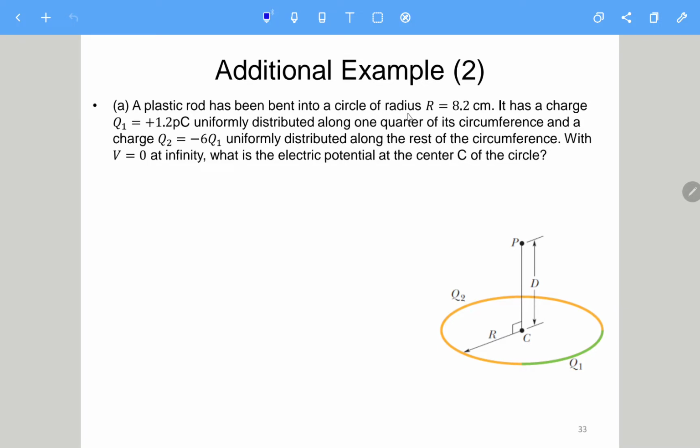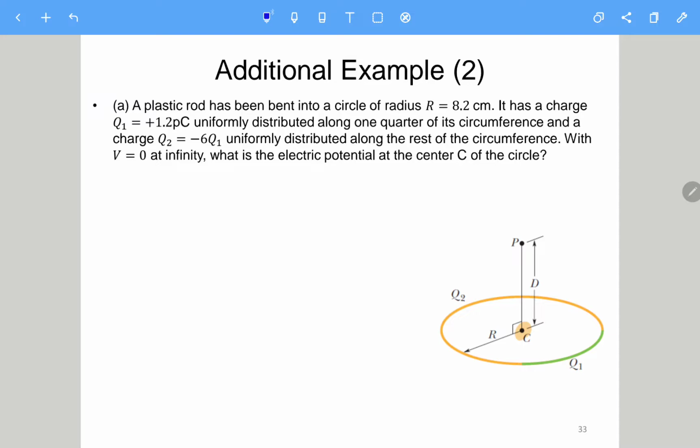So this is a quarter of the circumference, which means Q1 is here and Q2 is here. With V equals 0 at infinity, what is the electric potential at the center of the circle?